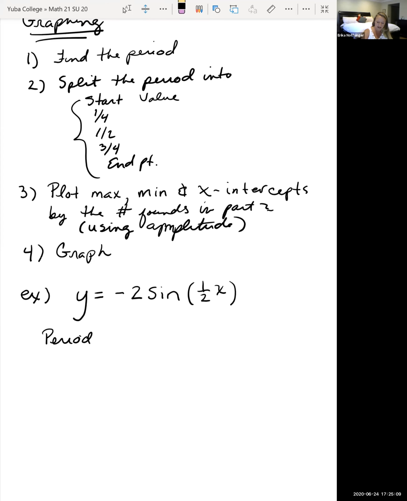And so doing that, we have 0 is less than or equal to 1/2 x, which is less than or equal to 2 pi. So we want to get x by itself. In order to do that with a compound inequality, we can multiply all sides of the inequality by 2 to clear that fraction.